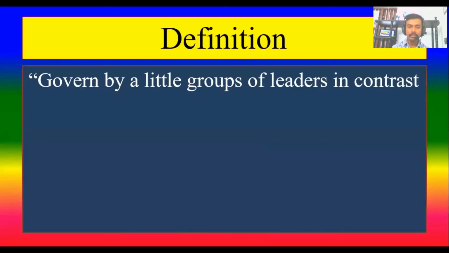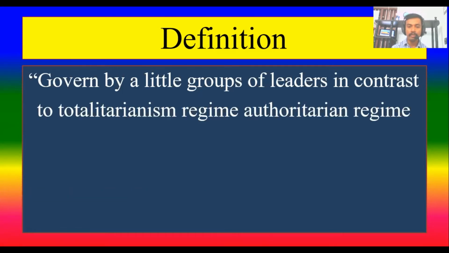Define authoritarianism: governed by a small group of leaders, in contrast to the totalitarian regime. Authoritarian regimes have no distinct state ideology and grant some amount of freedom, for example economic and cultural, as long as their rule is not jeopardized.